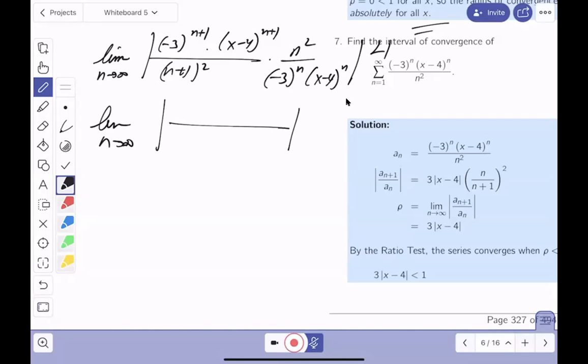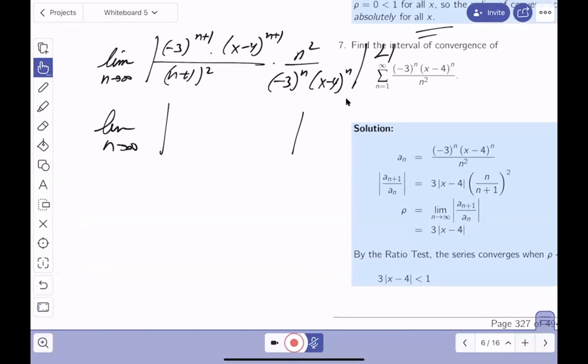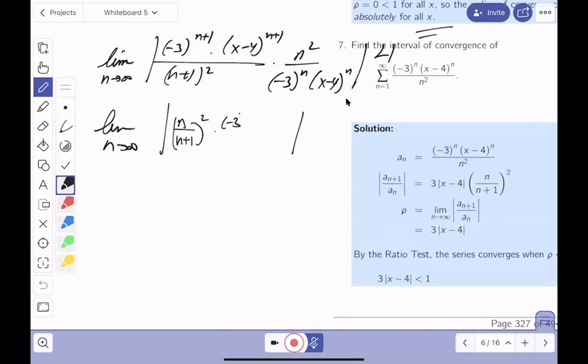Maybe I went too crazy with this thing in here. I'm definitely seeing n over (n plus 1) squared. We'll do that later. And then the minus 3 to the first power. I'll do that later. And then I see x minus 4. All right, what's that limit produce? 3 times the absolute value of x minus 4.